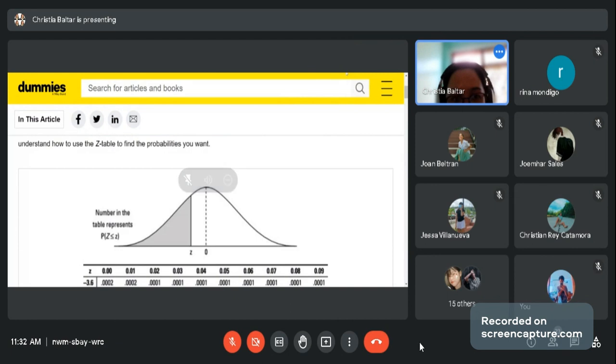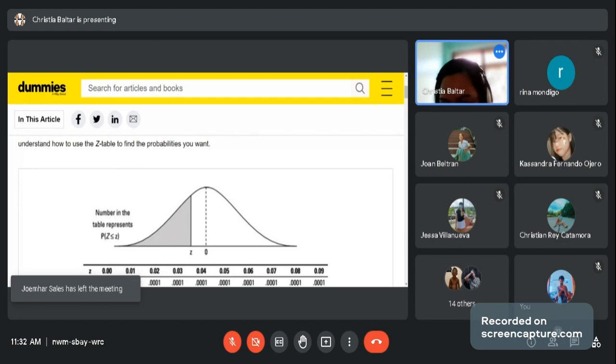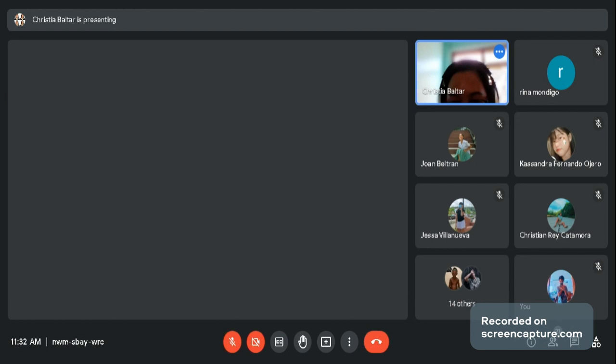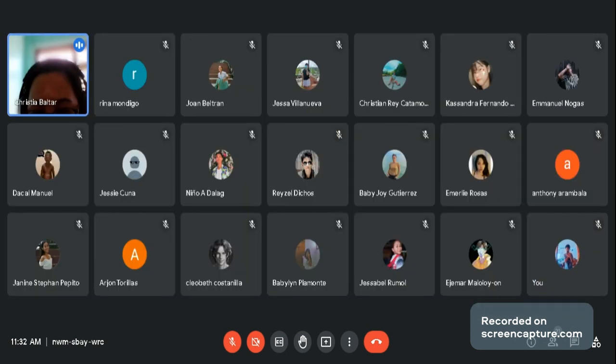So, we are looking for the critical value for alpha equals 0.05. I will just share my entire screen to make it easier.